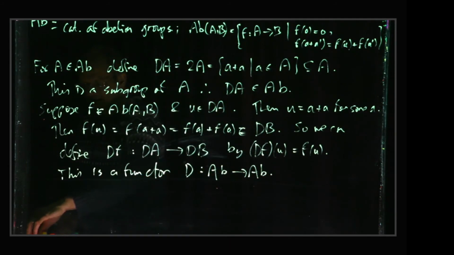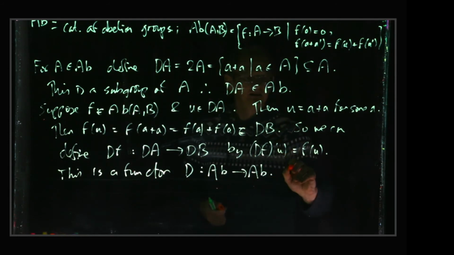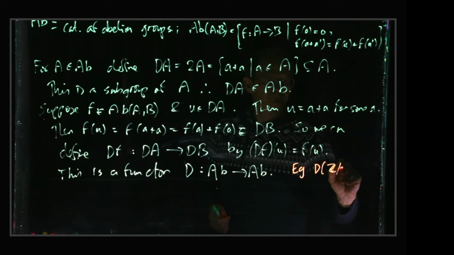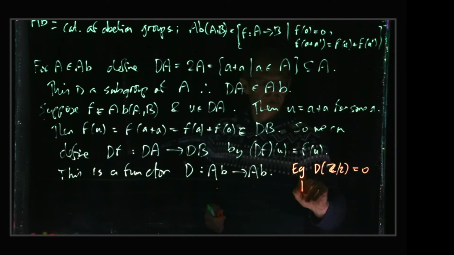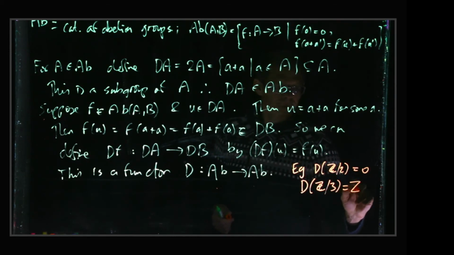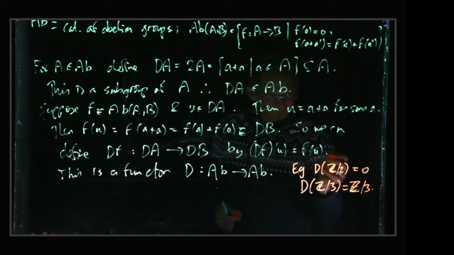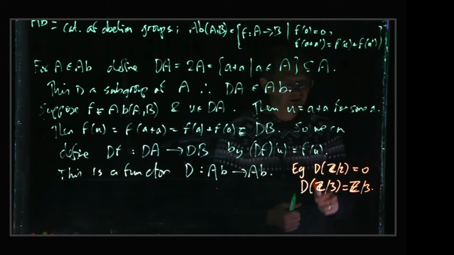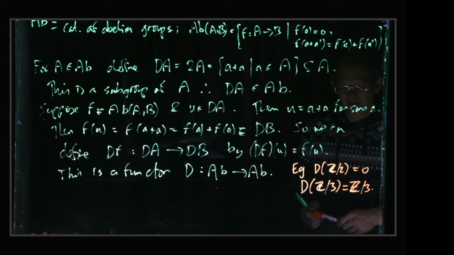So examples of what this does: if you look within the group Z mod 2, the double of anything in Z mod 2 is 0, so D of Z mod 2 is 0.